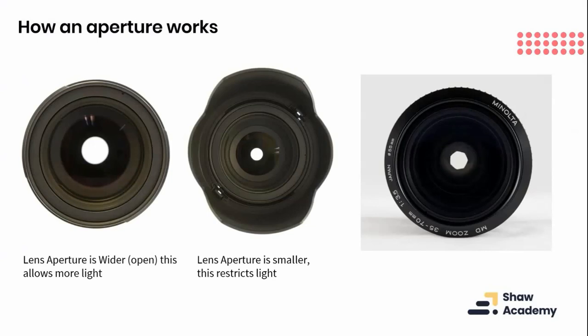This is exactly the same way our apertures work on our lenses. We use a wider aperture to allow more light to come through, and we use a smaller aperture, and this restricts the flow of light, meaning less light gets through. Okay, as you can see there, just a short GIF on the changing aperture sizes going from very wide to very small.